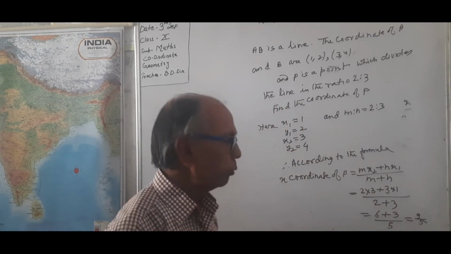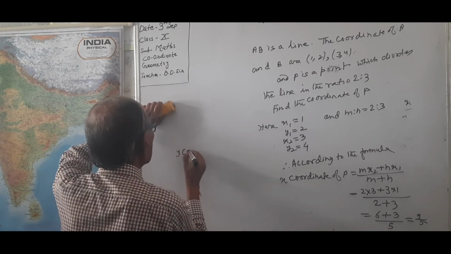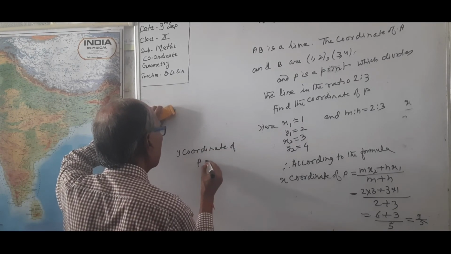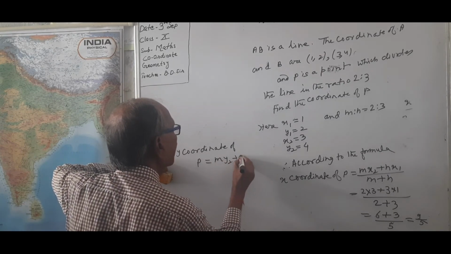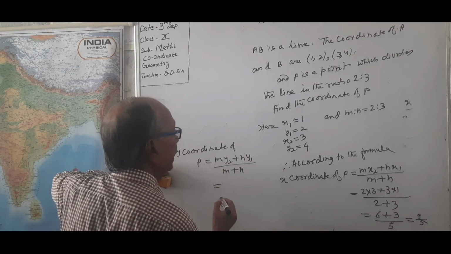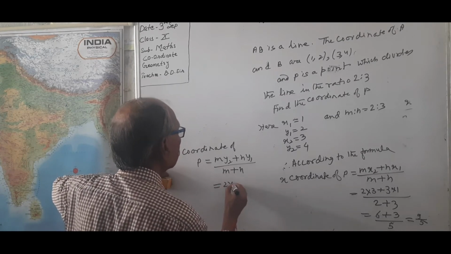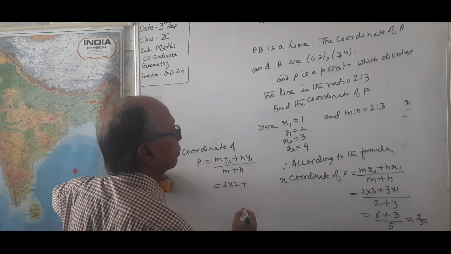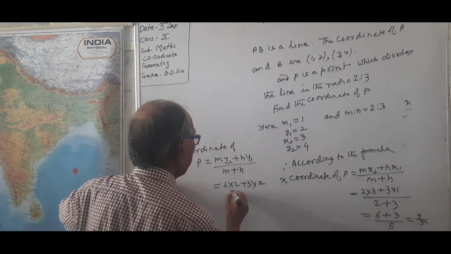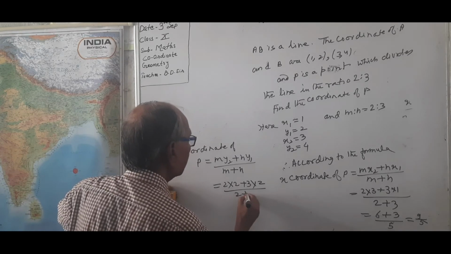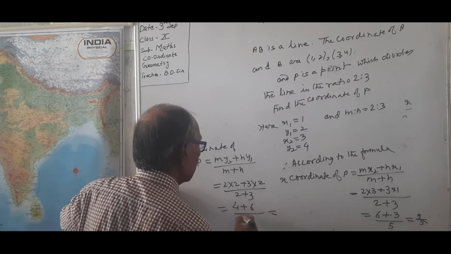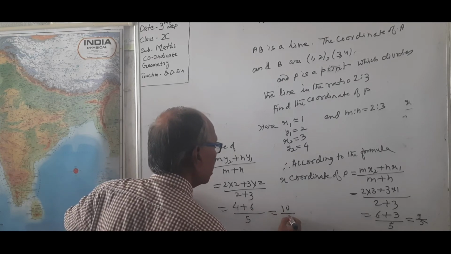Very easy. We have to use the formula: y coordinate of P is equal to (my2 + ny1) by (m + n), which is equal to 2 into y2, 4, plus n, 3, into y1, 2, by m plus n, means 2 plus 3. 4 plus 6 by 5, 10 by 5, is equal to 2.